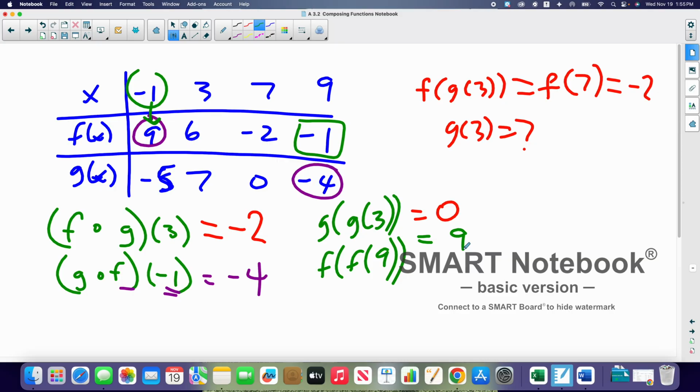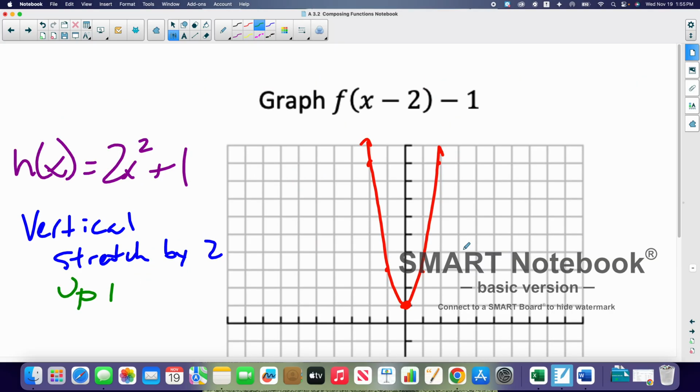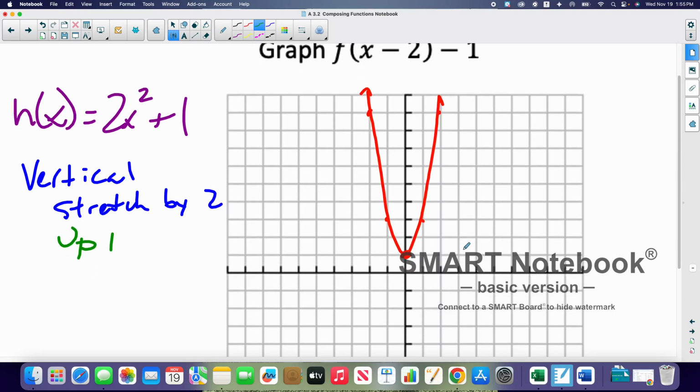Now, here's what I'd like for you to do. Go back to your graphs that we just made. We just graphed f of x, it was absolute value. We just graphed g of x, it was a line. And we graphed h of x, and it was this parabola.